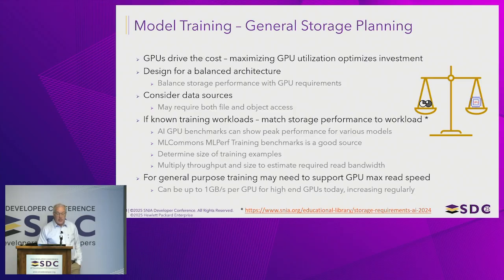If you consider the data sources and know your workloads, you may be able to optimize your storage to match the workloads that you're expecting for this specific AI session. There's what I think is a good webinar that was done at SNIA, probably getting a little bit due for a refresh, but it's still got a lot of good information about ways you can do some calculations to figure out the types of performance you need for your storage for a given training workload.